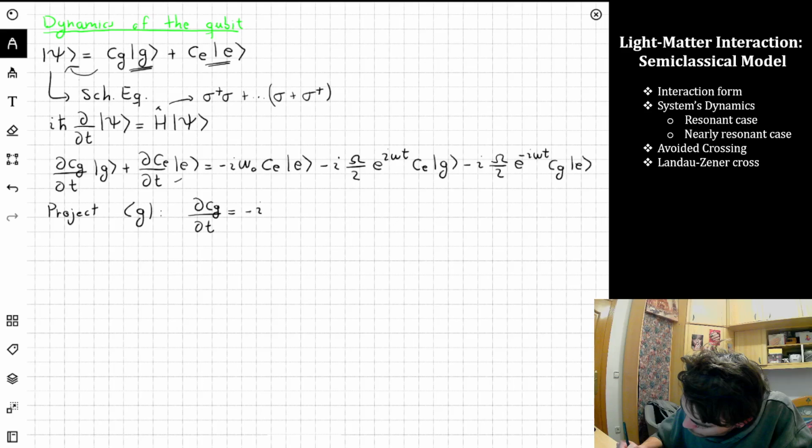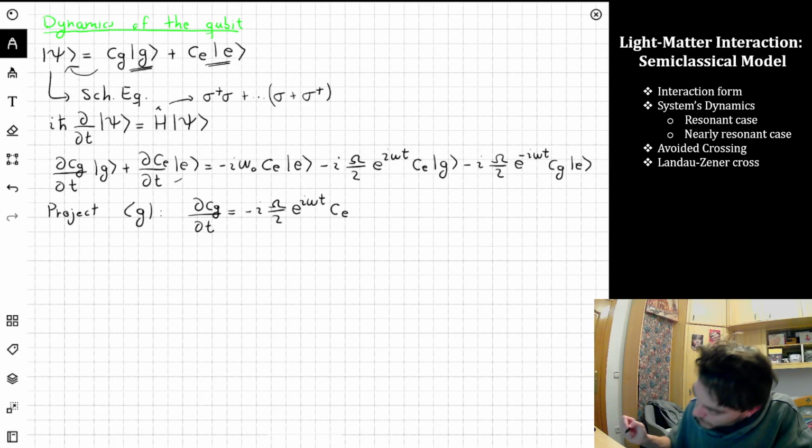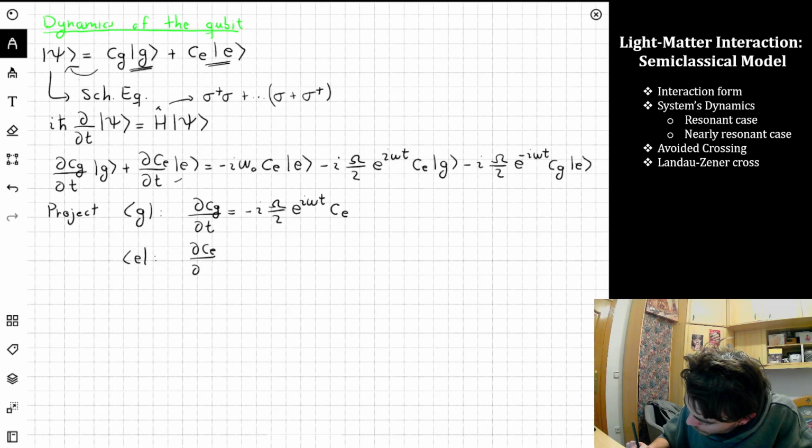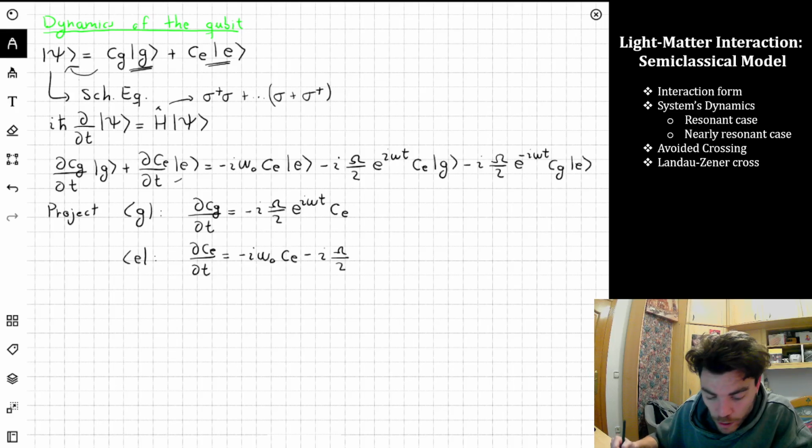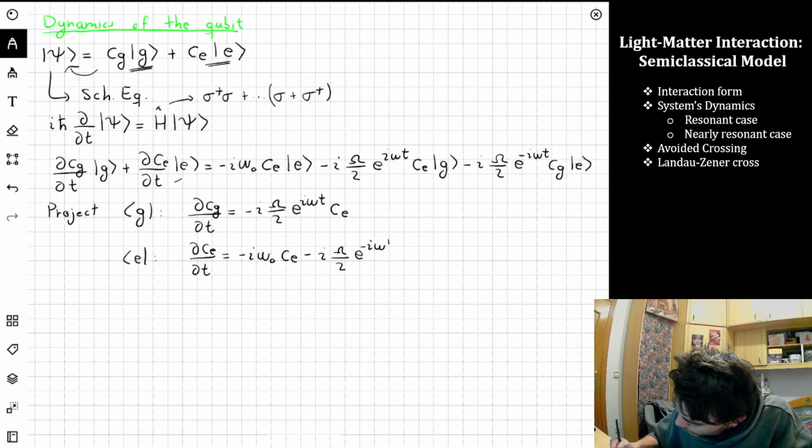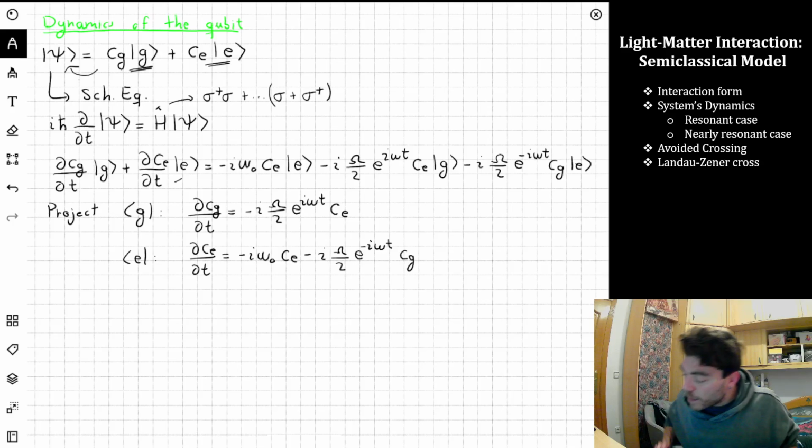We only have minus i Omega over 2 e to the i omega t Ce. And now projecting from the other side, we will have the derivative of Ce with respect to time is equal to minus i omega 0 Ce minus i Omega over 2 e to the minus i omega t Cg. But this is just applying the bras from the sides.